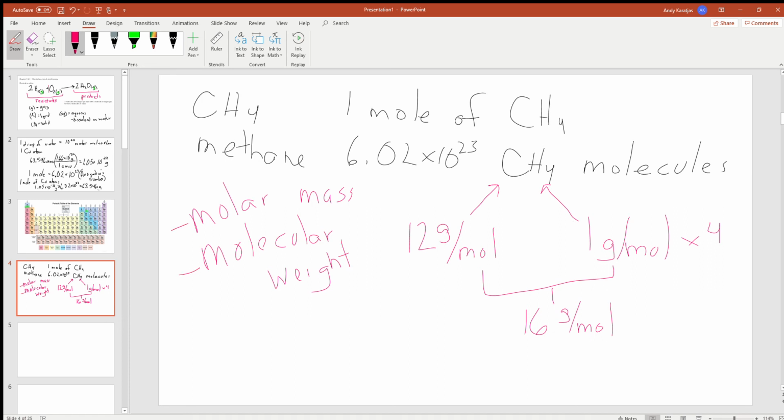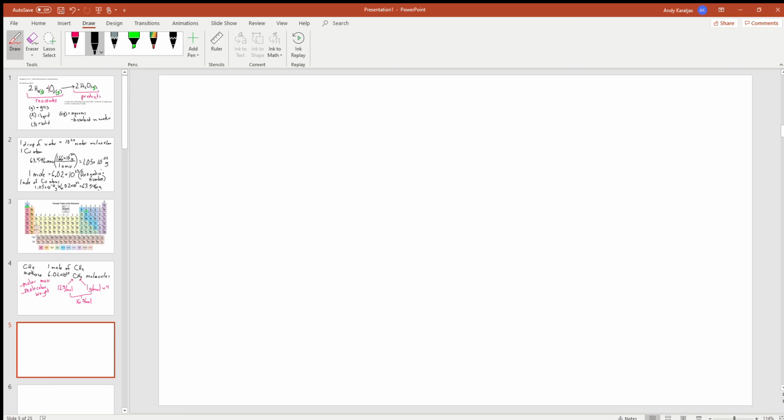Our example here with methane was fairly simple, but we could do many much more complicated molecules. But before we get there, let's do another simple one. Carbon dioxide, CO2. Again, we can look at our periodic table. We find that carbon is 12 grams per mole.